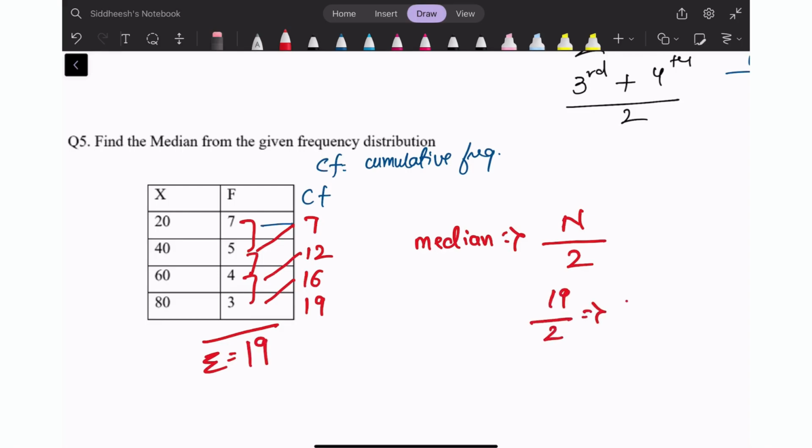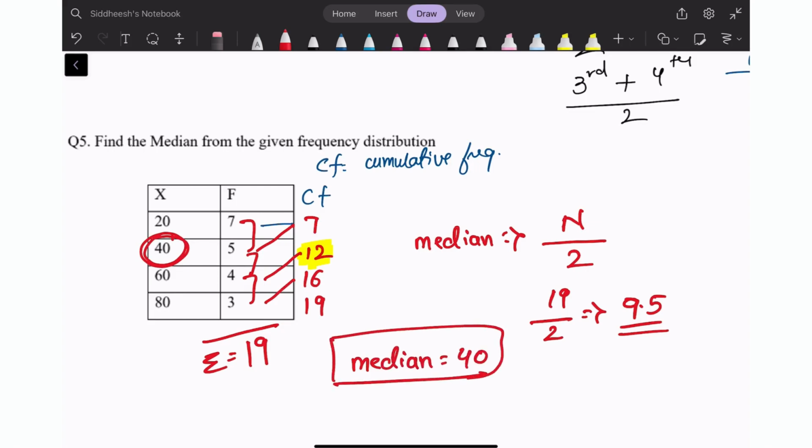This will be 9.5. Now we need to find 9.5 or any number more than 9.5 in the CF part. 9.5 is not there, but we have 12. That is bigger than 9.5. Correct? So our answer lies in the 40. So our median is 40.